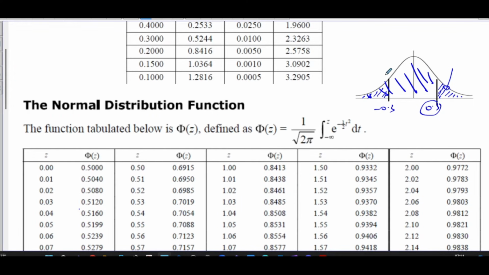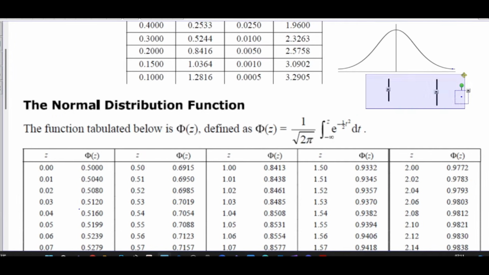And the total area is 1. So if we do 1 minus this area here, we will end up with the area that we're looking for. Because the whole thing minus this part leaves us with that part, which is exactly what we're trying to find.